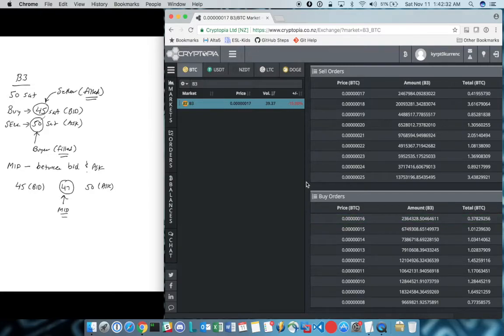And so let's assume you have millions of coins, right? So let's say you've got 15 million coins that you want to sell. Here's our 15 million coins, right? We want to sell those. If you just put batches and batches of them on the exchange and you hit that buy order of 16, meaning you sell at 16, you're going to fill this 2.3 million B3 order.